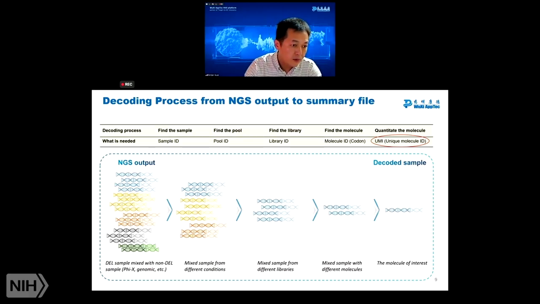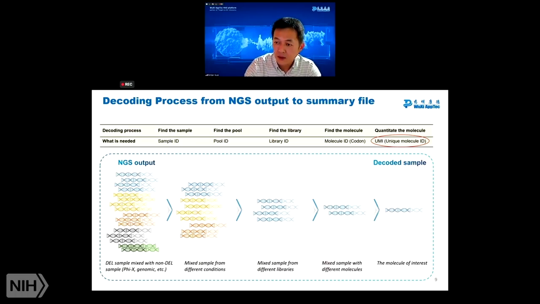And we have also observed there is always a little bit of human genome sequence showing up in the NGS output. Obviously that is a tiny contamination that nobody could avoid. After you get rid of the non-DEL sequences, you can start parsing the remaining sequences into different things.